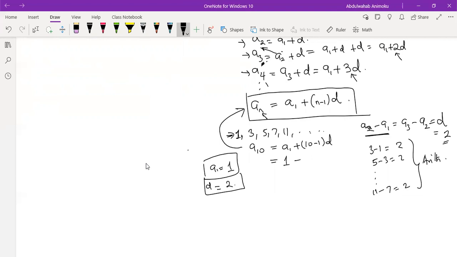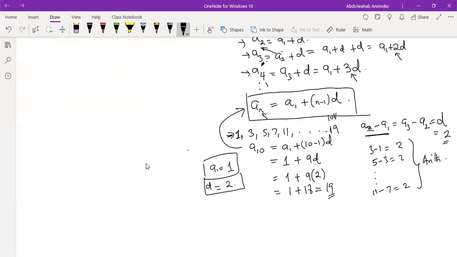That means your A1 is 1, and then plus 9 times D. Make sure that you don't make a mistake. Most students would add this 1 to 9 first. No, right? What you do is multiply this 9 with the common difference first before you add the first term to it. So it will be 9 times 2. That will be 1 plus 18, and that will give us 19. So it tells us that in this sequence, the 10th term is 19.